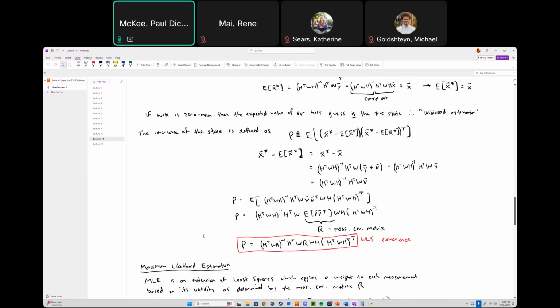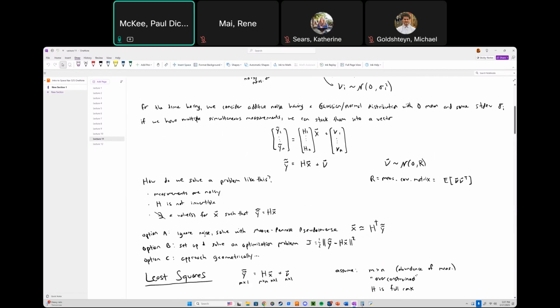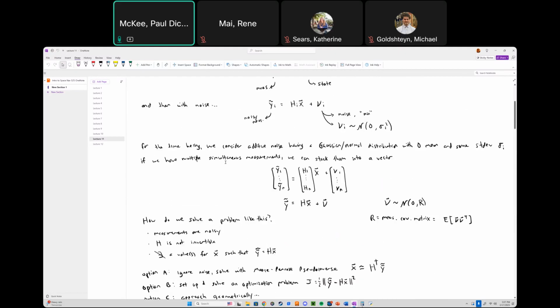We've got 3 different levels of complexity when you go to solve this. One of the things that was implicit in each of these problems, and I think I might have even mentioned this, is that if we have multiple simultaneous measurements, we can stack them into a vector. So this problem setup, y equals Hx plus nu, assumes that x is the state of the vehicle, or the state of your spacecraft in this case, at one instant in time. And it must be the case that you're taking all these measurements at the same time.